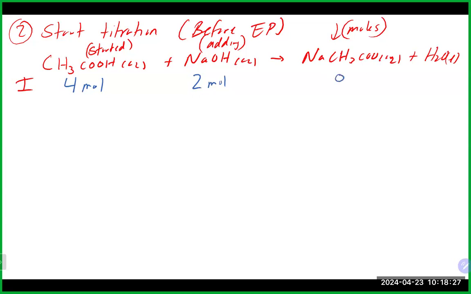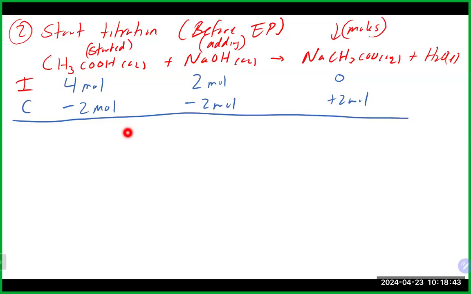Because we are before the equivalence point, whatever we are adding is going to be the limiting reagent here, and that means that will also be the change. So -2, -2, and a +2 over here. That means when we do reach equilibrium, we'll have 2 moles of this, 0, and 2 moles of that. Any question here on the ICE table?